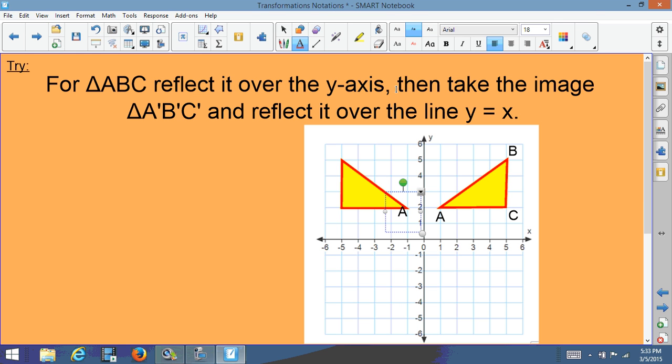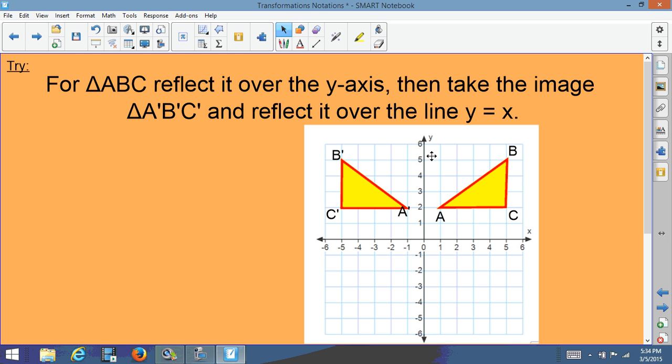So we got A prime, B prime. I'm sorry, that's not B prime, that's C prime. C prime. And up here, B prime. Okay, so there is our first reflection.